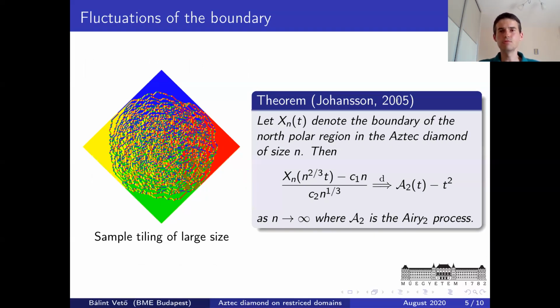So later, in 2005, Johansson proved that if you take x_n to be the boundary of the north polar region in a tiling of a domain of size n, then after appropriate scaling, this boundary converges to the Airy2 process minus a parabola, where this Airy2 process is a typical limiting process in the KPZ, Kardar-Parisi-Zhang, universality class.